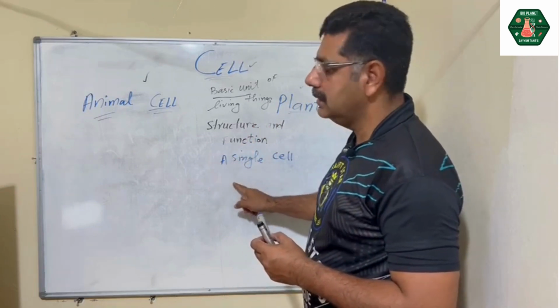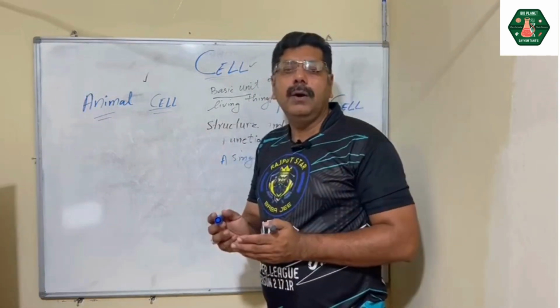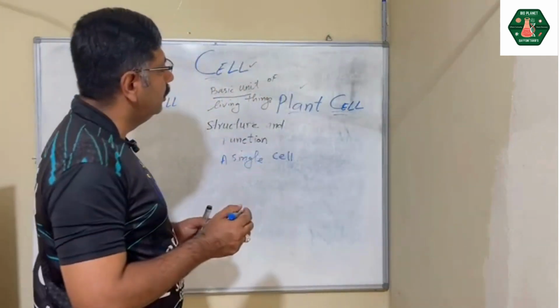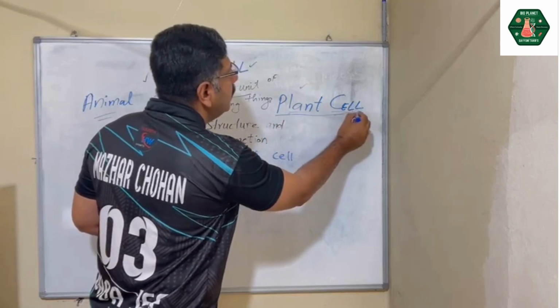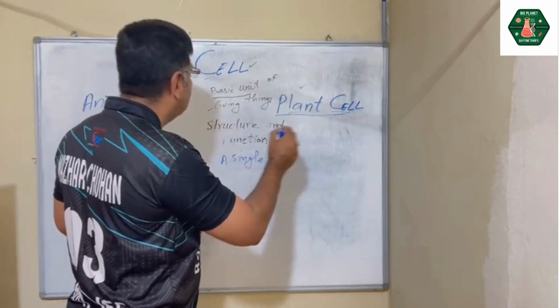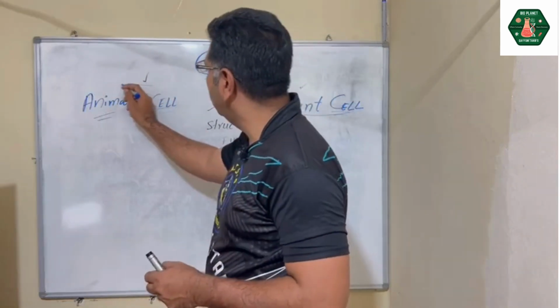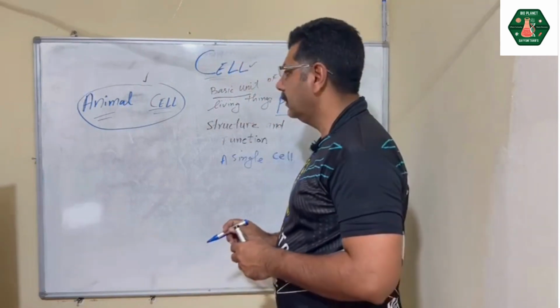If we study a single cell, we can study a whole organism. Now we are going to study the differences between a plant cell and an animal cell. What are the functions between them?